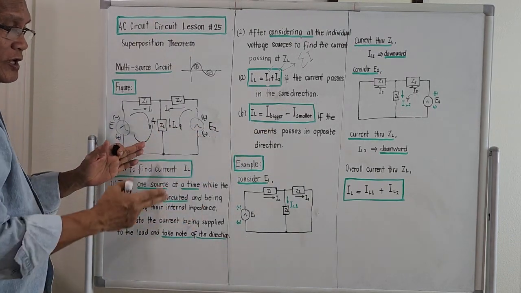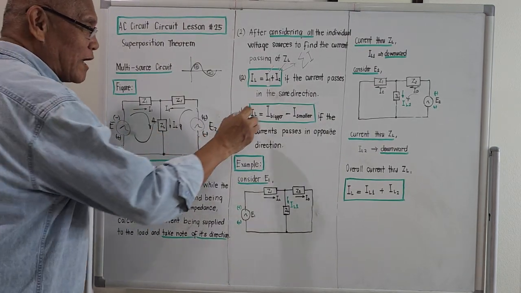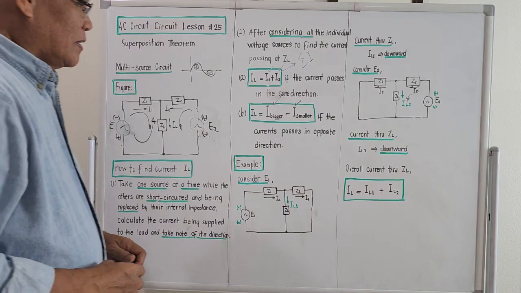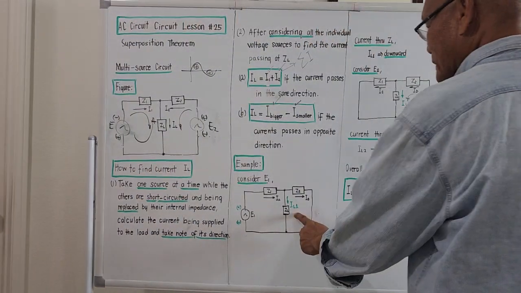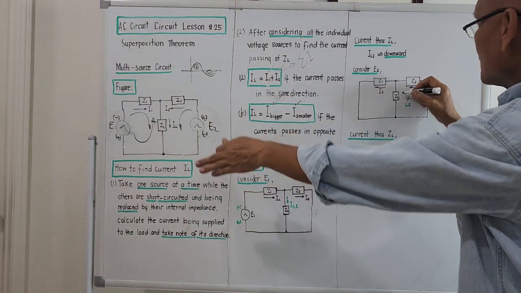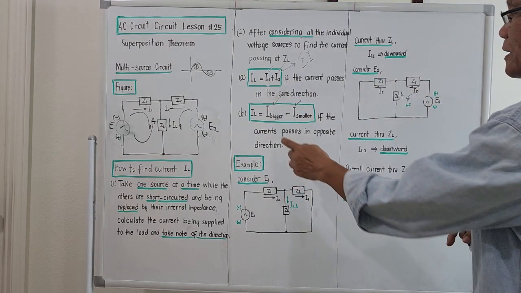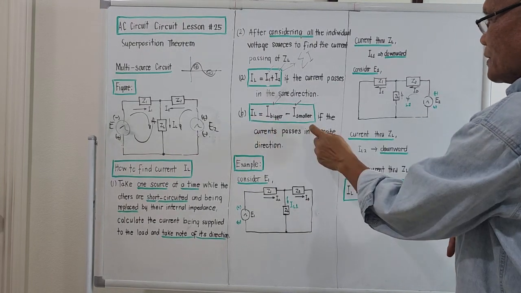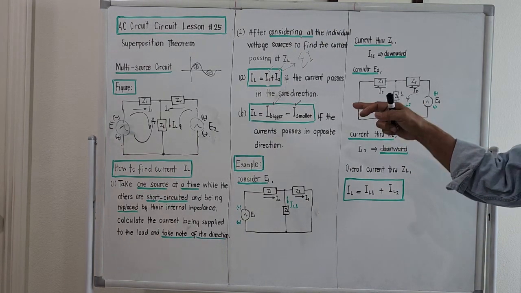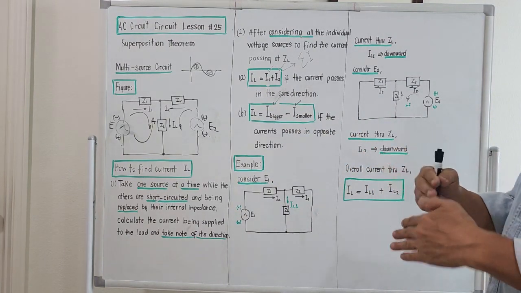So if they are opposite in direction, the net current passing through load ZL should be I bigger minus I smaller. If the downward is bigger and the upward is smaller, IL now will be I bigger minus I smaller. Which is bigger? You subtract the smaller from the bigger one, if the directions of the current are opposite to each other.